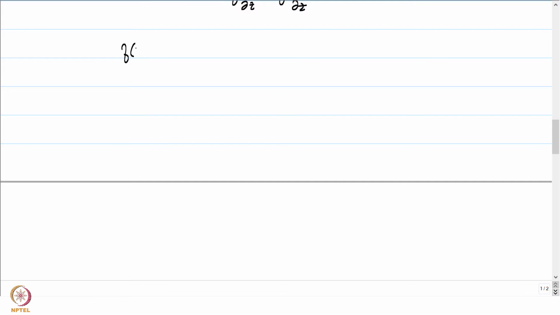Okay, so let f(z) be equal to the summation c_nm z^n z̄^m.